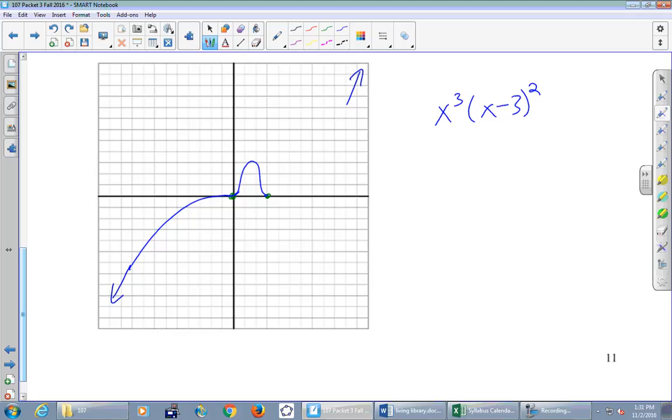And now I'm prepared to either continue through or to bounce. In this case, that squared is an even power, which means bounce. And that's really helpful. How did I know it was going to bounce based on earlier work? We had that arrow that was just floating out there. We had to connect it, right? So the bounce agrees with the end behavior arrow that we had.